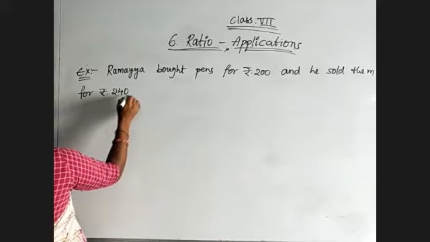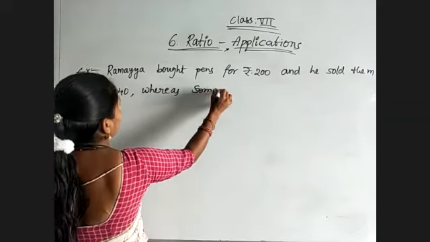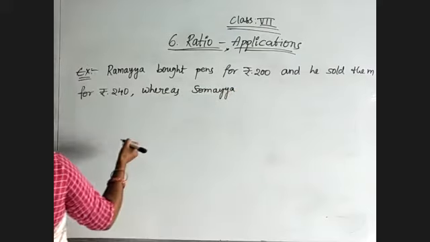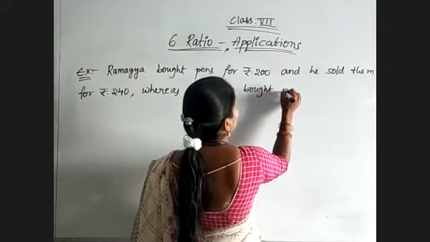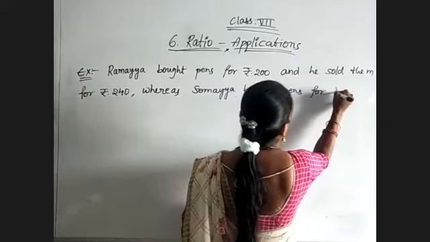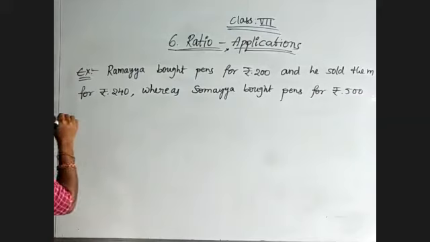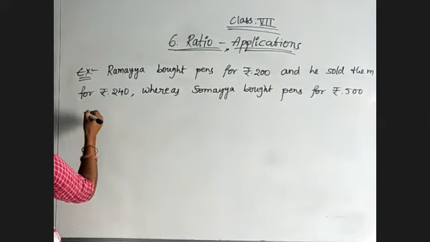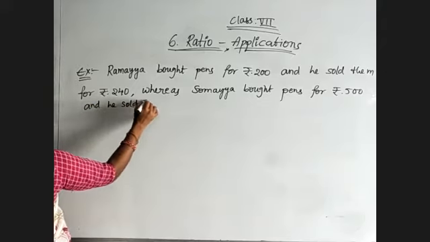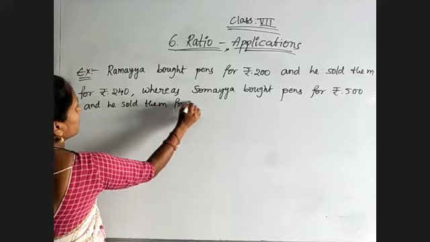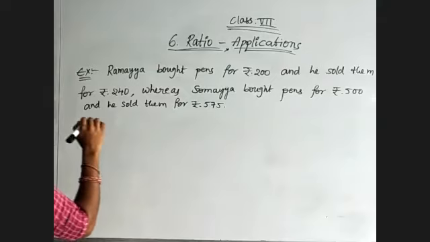Whereas Somaya bought pens for 500 rupees and he sold them for 575 rupees. Who made more profit?